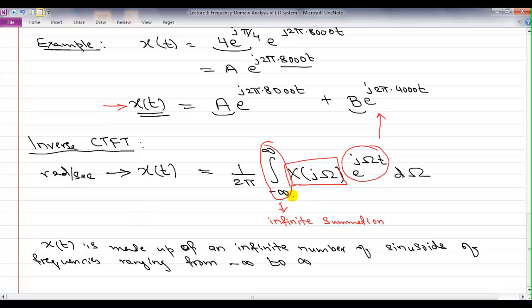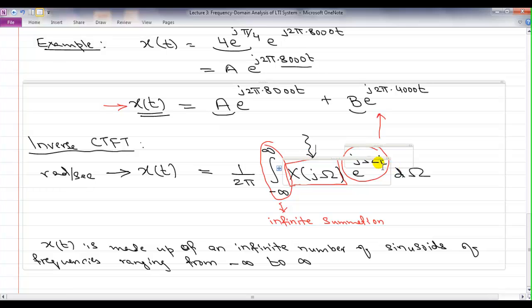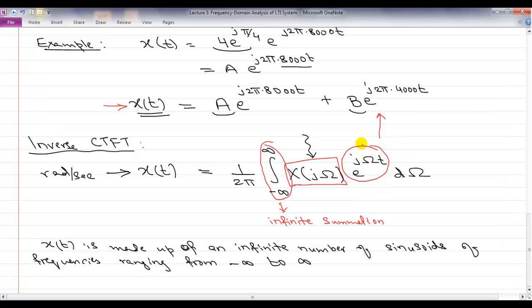So what this is saying is it is made up of infinite frequencies, and what is the amplitude and phase of each frequency? The amplitude and phase of each frequency is given by this quantity x of j omega. So if omega was, let's say, 2 pi 2000, like 2 kilohertz, and you want to find out what is the amplitude and phase of that 2 kilohertz frequency, you look at x of j omega at that value.